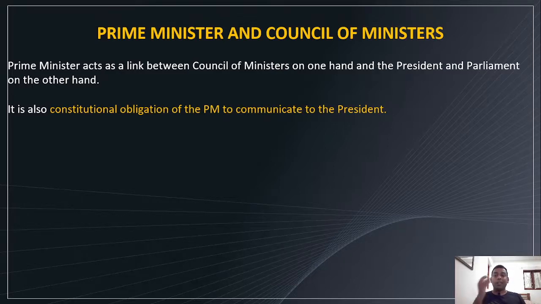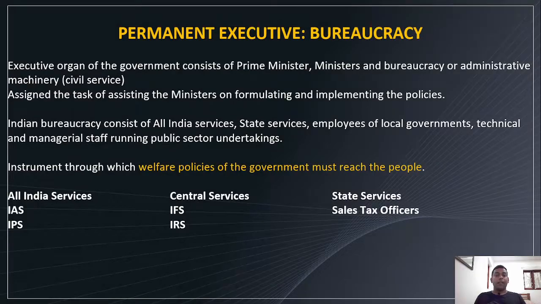It's a constitutional obligation actually for the Prime Minister or for the Council of Ministers to inform all the government policies to the President. It's also a constitutional obligation of the Prime Minister to communicate to the President about the government acts.